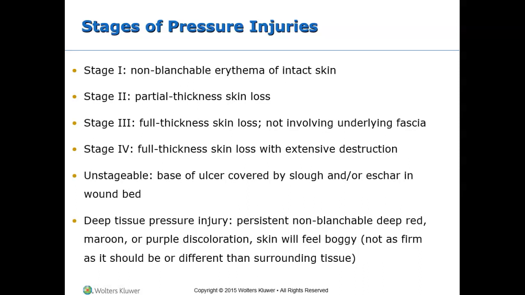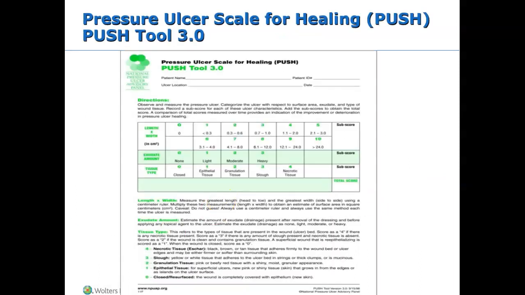Deep tissue pressure injury is a persistent, non-blanchable, deep red, maroon, or purple discoloration. The skin will feel boggy or not as firm as it should be. It's different than the surrounding tissue. I feel like that kind of gave you an idea. Hopefully you're finding pictures of unstageable. Basically, it's completely covered, so I can't see what's underneath it unless I debride the wound. And we are not doing it because we are not certified.